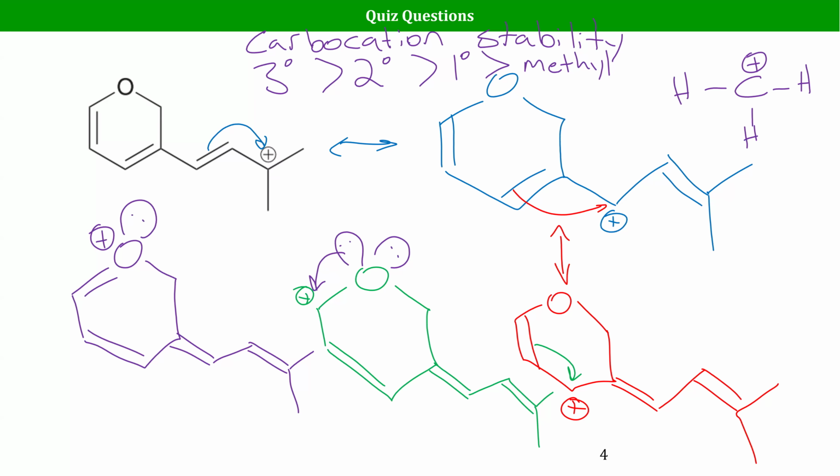If you replace one of those hydrogens with a carbon, that's what we call primary, and the abbreviation is 1 with a degree sign. A primary carbocation, or a primary carbon in general, is a carbon that's attached to one other carbon. So those are both primary.